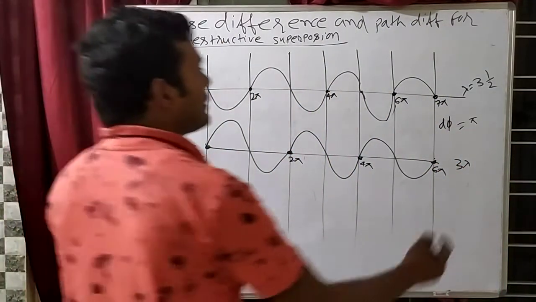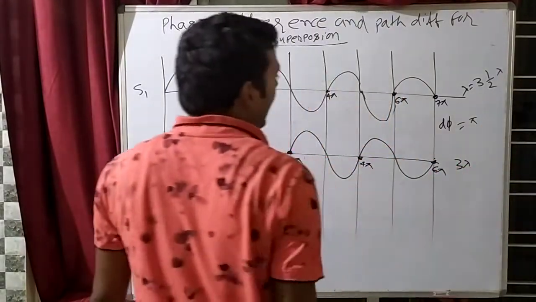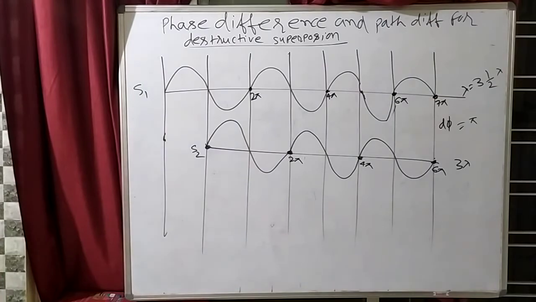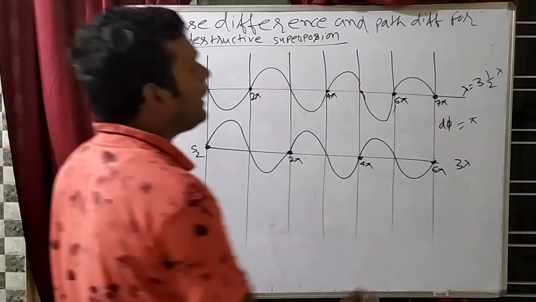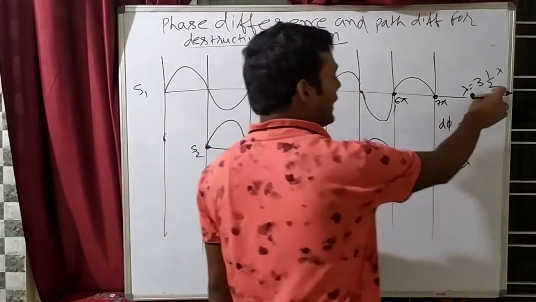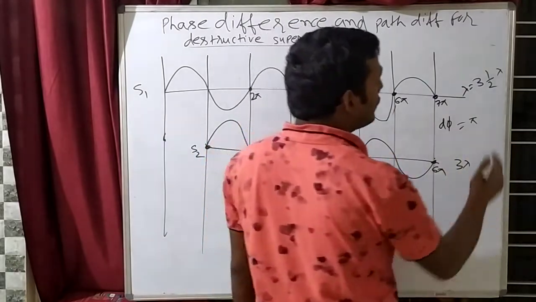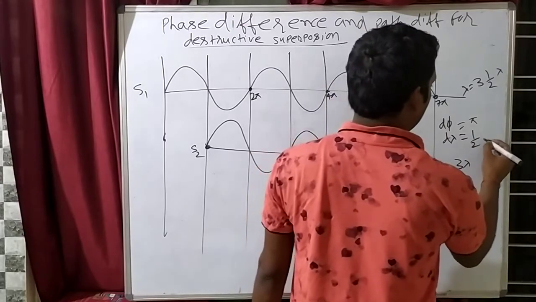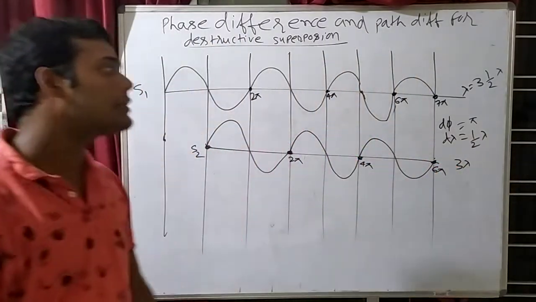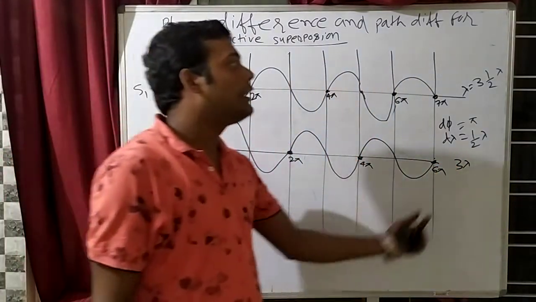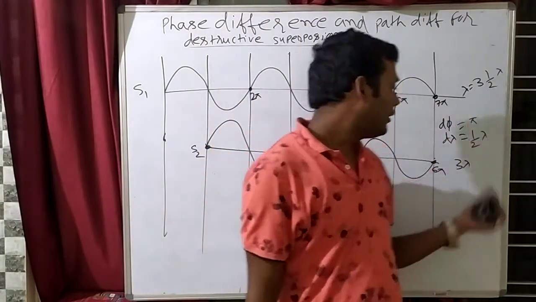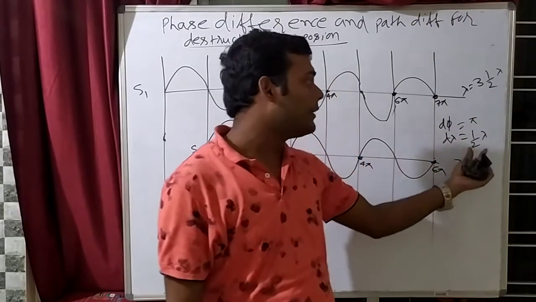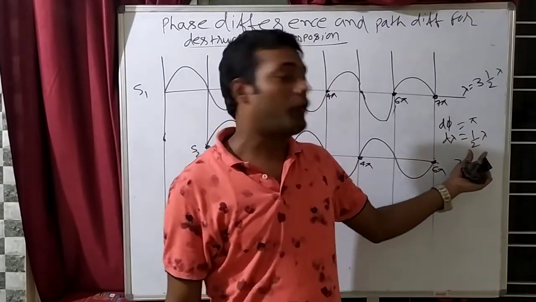So what will be the difference? This is 3 and half lambda and this is 3 lambda. So 3 and half minus 3. What is left? Half. So delta lambda will be half lambda. 3 and half means 3.5, and half means 0.5. So 3.5 lambda minus 0.5 lambda.